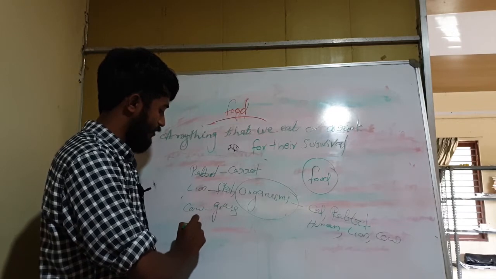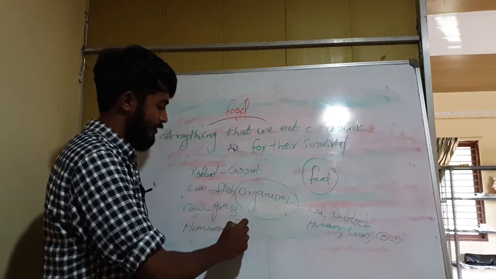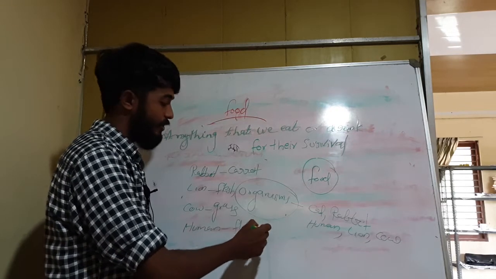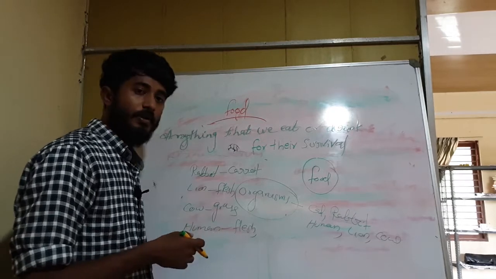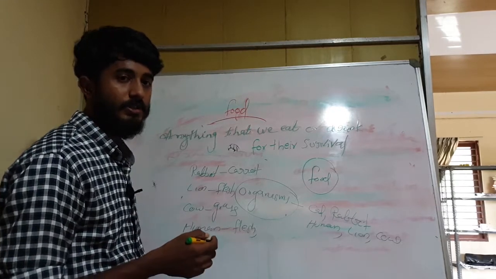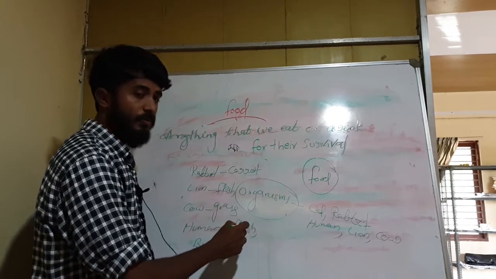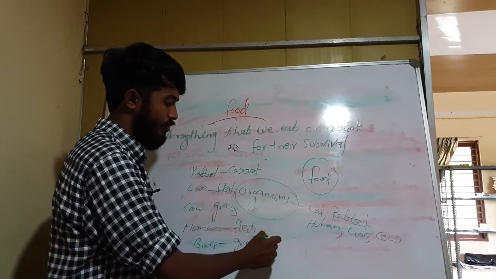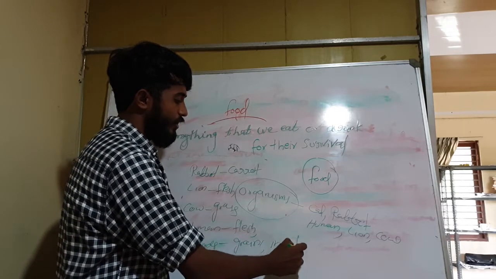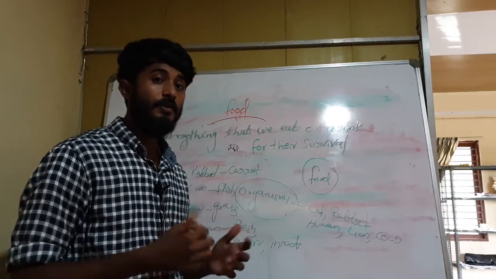And human beings can eat flesh, and even vegetables, fruits, everything. And what about our birds? Birds can also eat grains and small insects like that. So we can say that different organisms have different food habits.